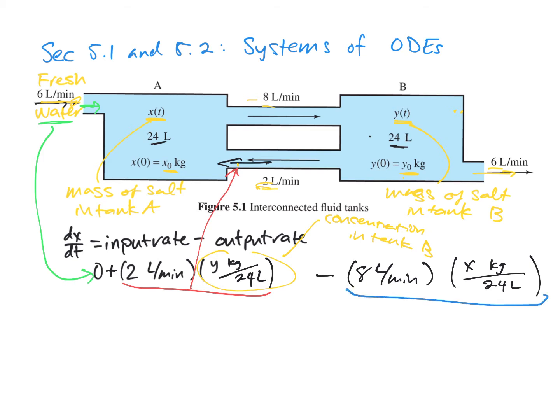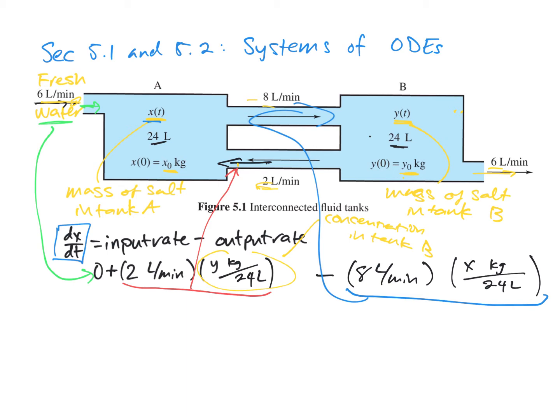This right here goes with this pipe going out. So this is what we were modeling here, the equation governing x.